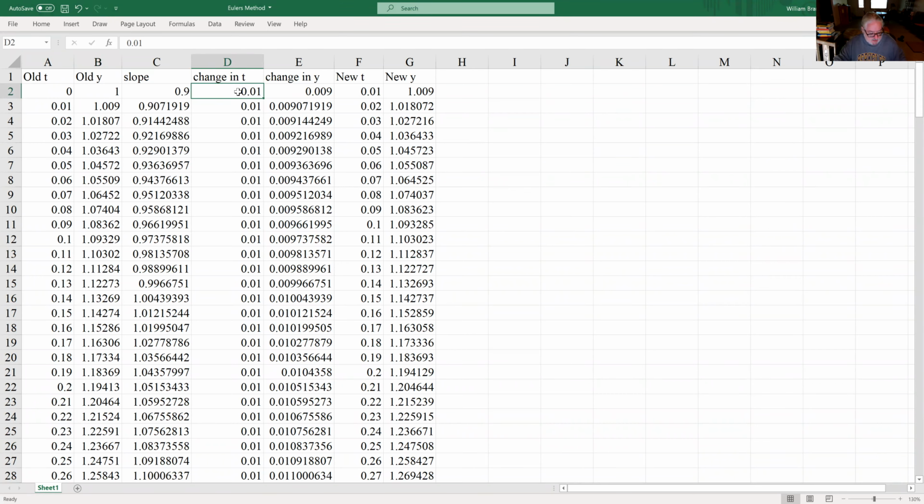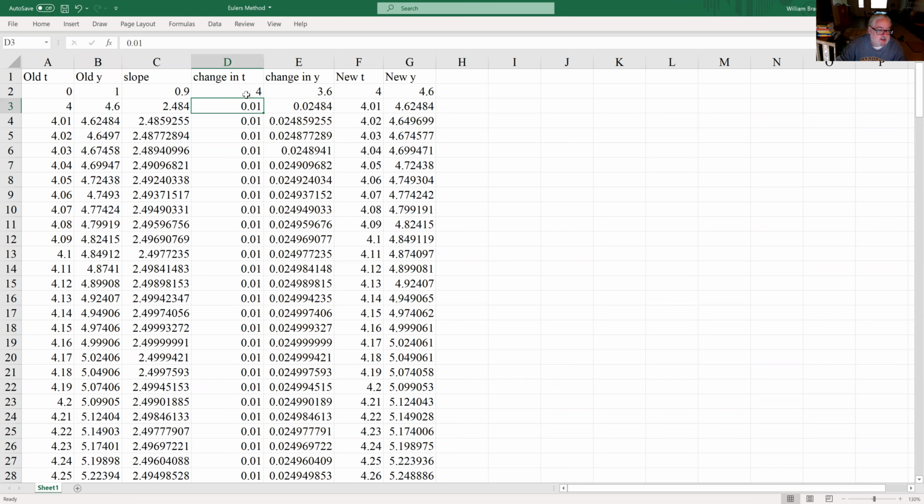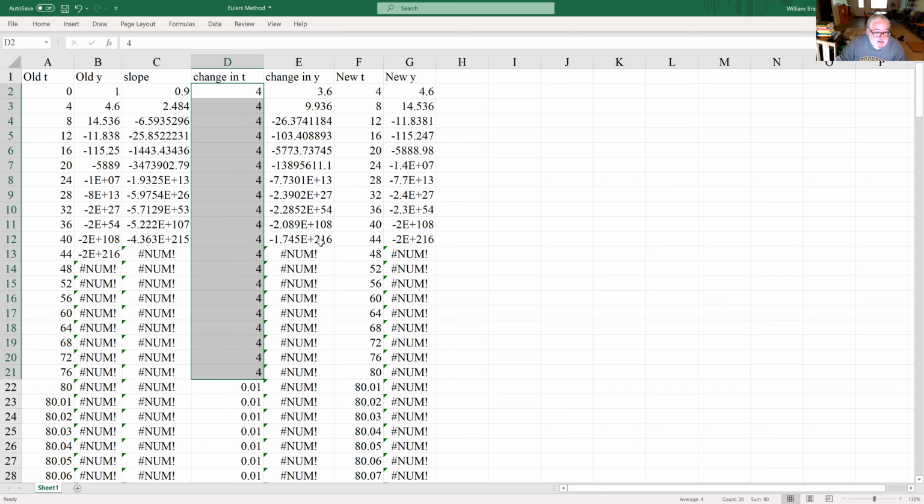Let's make change in t equal to 4. We'll do 20 steps with step size of 4. And we get overflow errors. Too big, too big. Terrible. What happened?